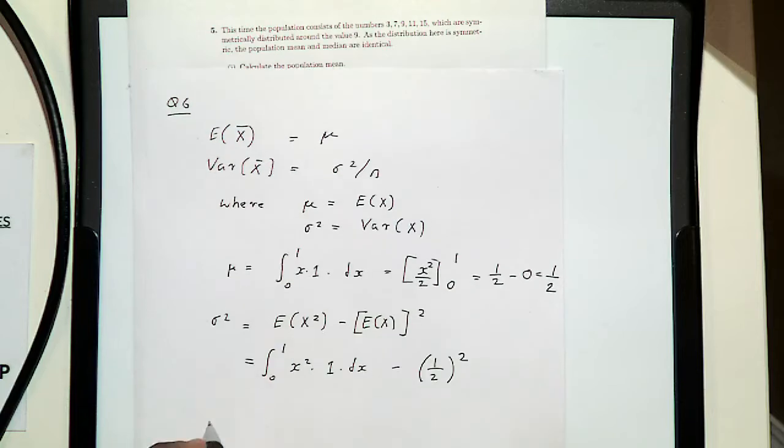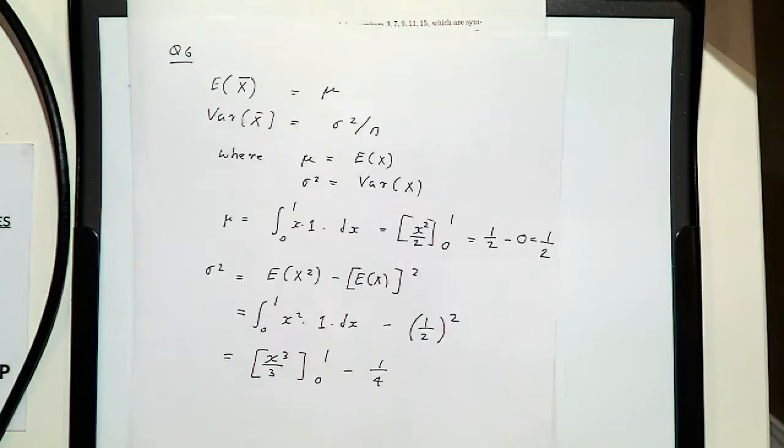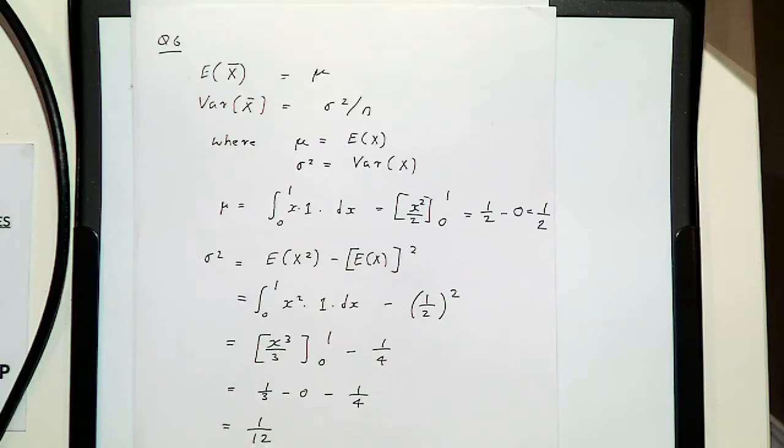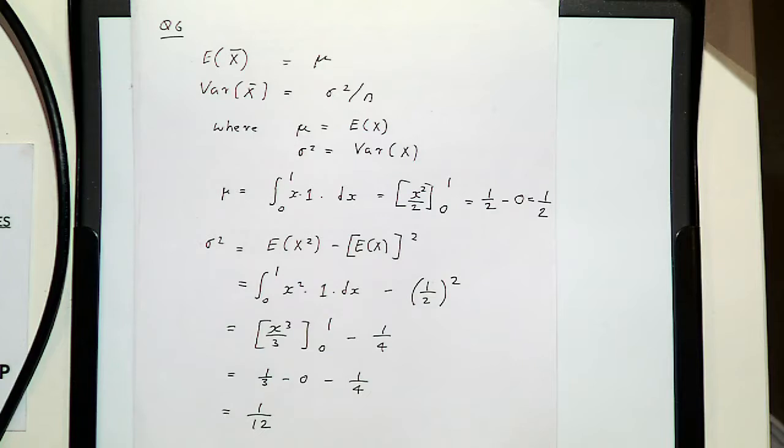This integral is easy, so it's x cubed divided by 3, limits 0 to 1, minus a quarter, right? So this is going to be a third minus a quarter, and this is 1 divided by 12. So your mu is a half and your sigma squared is 1 by 12.